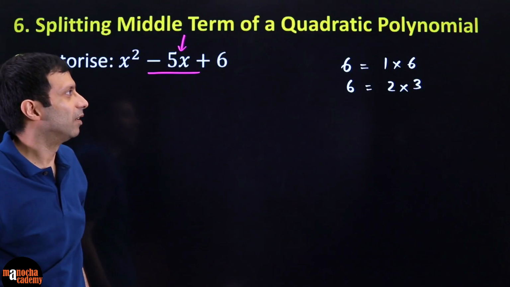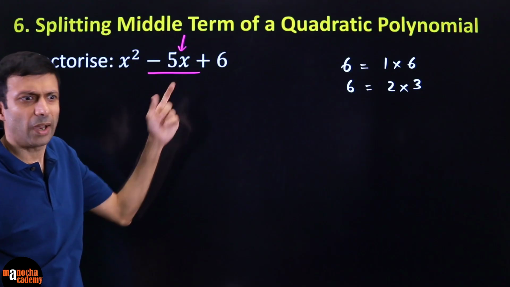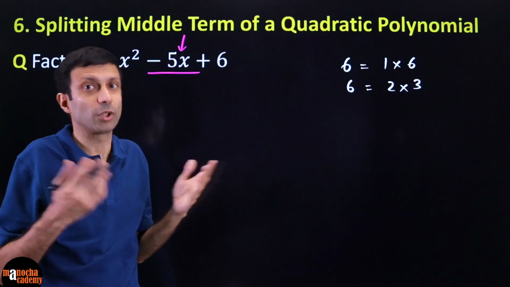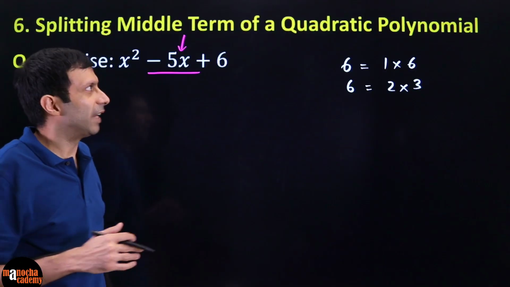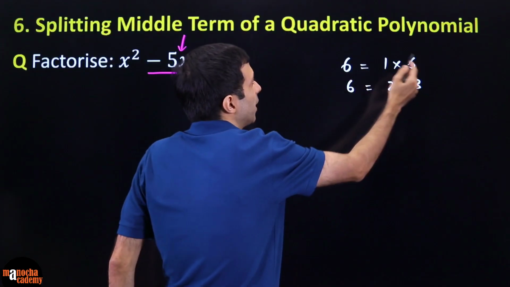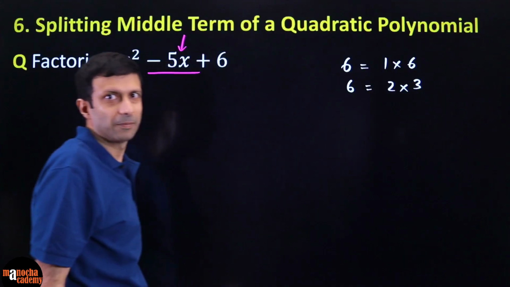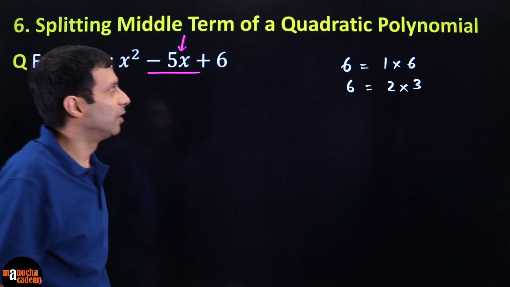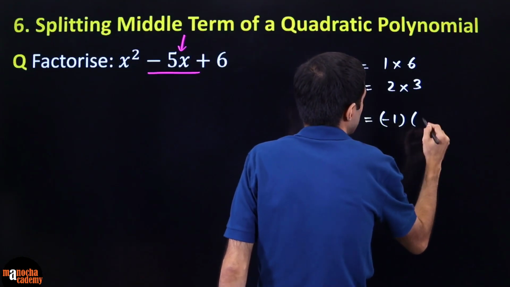Since you want minus 5x, at least one of the terms has to be negative. Both cannot be positive, because then the sum won't be negative. So either you can take minus 1 and minus 6, or minus 2 and minus 3.